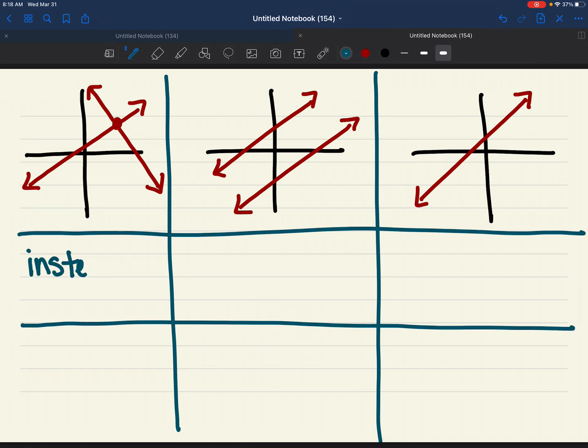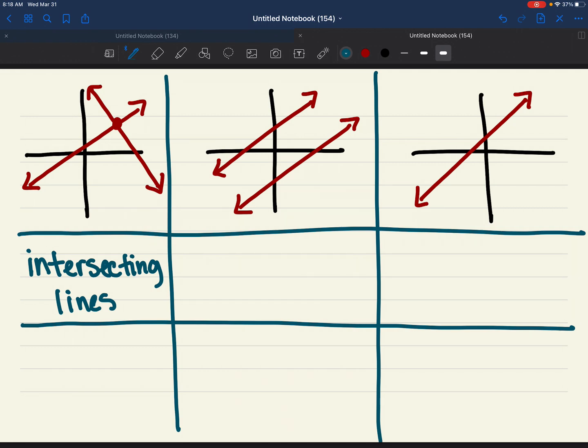Okay, so there's three different types of graphs that you could get, all right? So there's intersecting lines, there's parallel lines, and then there's the same line, okay? Now, that last one, does it look like there's two lines graphed? No. But if you have the same equation, isn't that going to give you the exact same line?